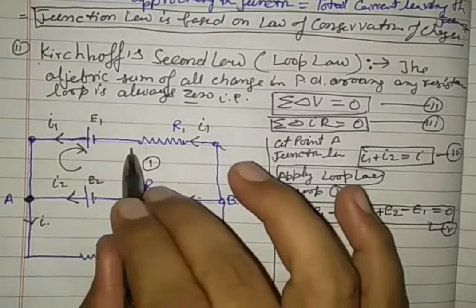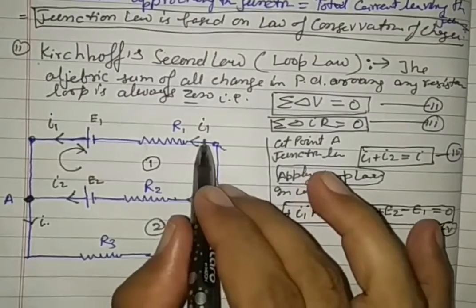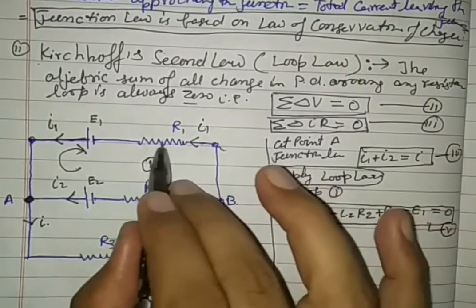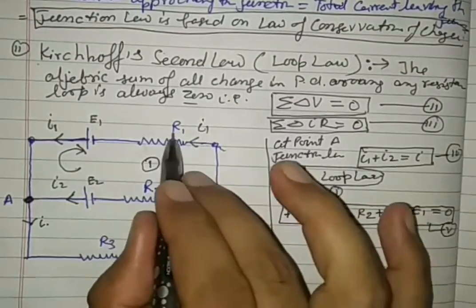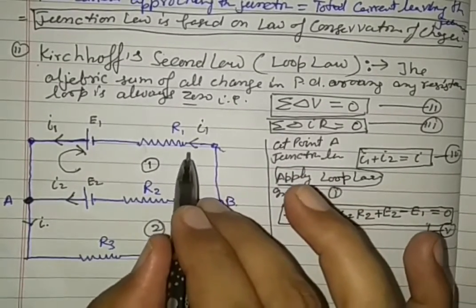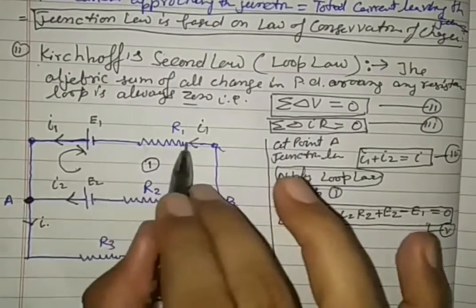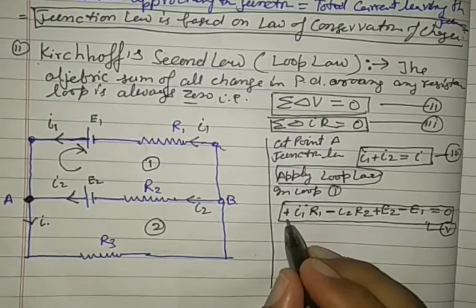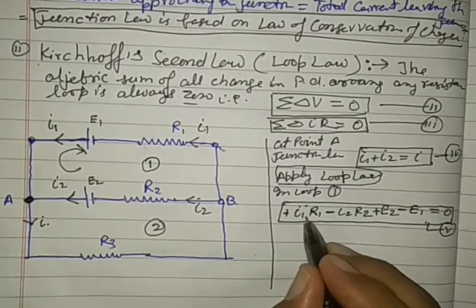I am beginning the whole phenomenon here. Current I1 from resistance R1, so the voltage is I1 R1, V is equal to IR. Now see the direction. If the sign convention is opposite to the current, then its sign is positive. So it becomes plus I1 R1.